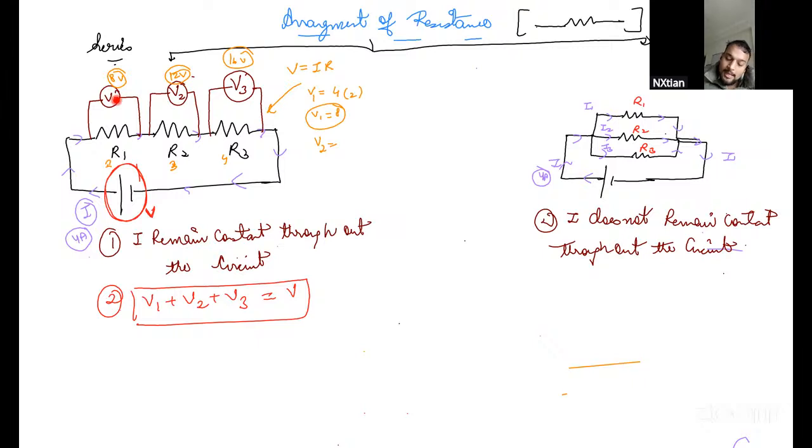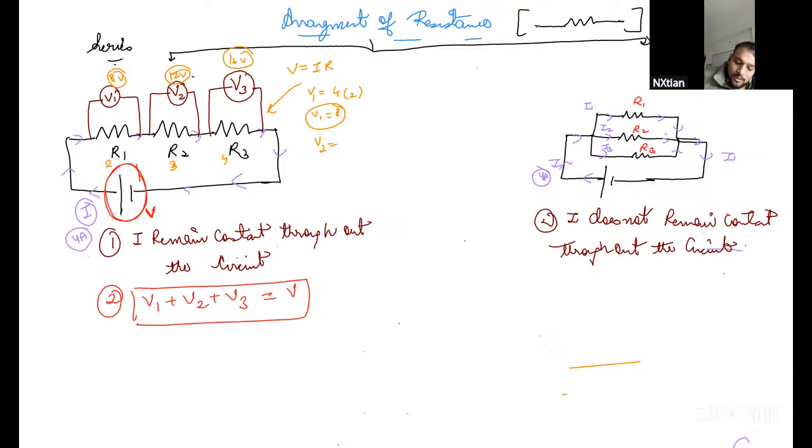So like 8 plus 12 plus 16, a 36 volt battery is applied across these resistances. That makes the current flow through the 2 ohm, 3 ohm, and 4 ohm resistances in the circuit, and the current is flowing as 4 ampere. Did you understand, guys? Any doubt?